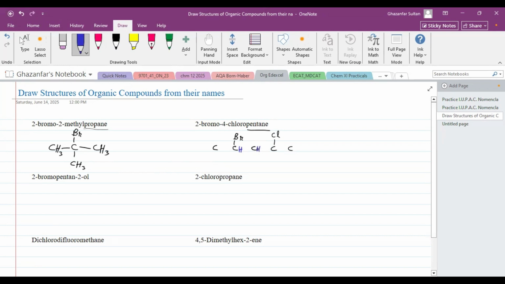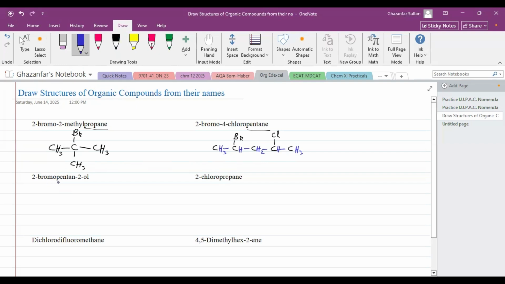So 2 hydrogen atoms could be there. And again here, 1 bond from here, 1 here, and 1 here. So only 1 hydrogen could be there. And on the terminal, if no other functional group is there, then you should write 3 and then draw the bonds. So this is 2-bromo 4-chloropentane.